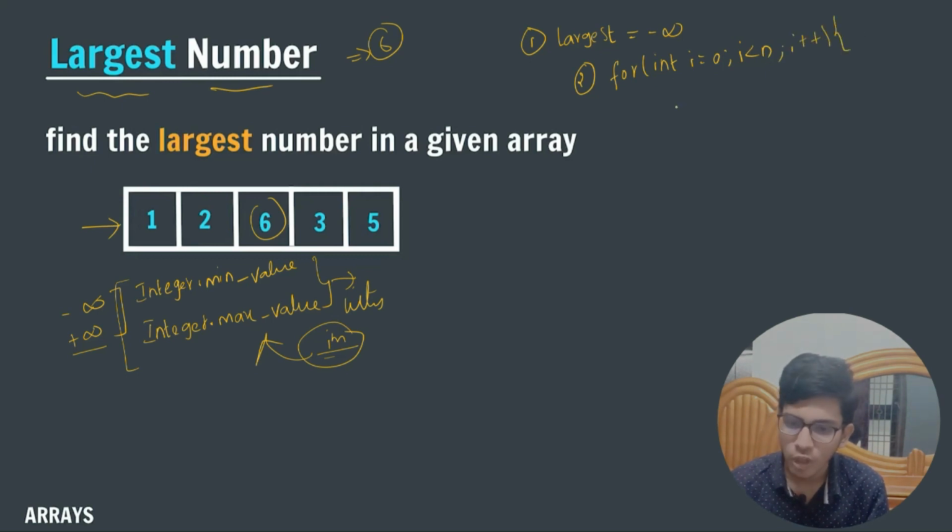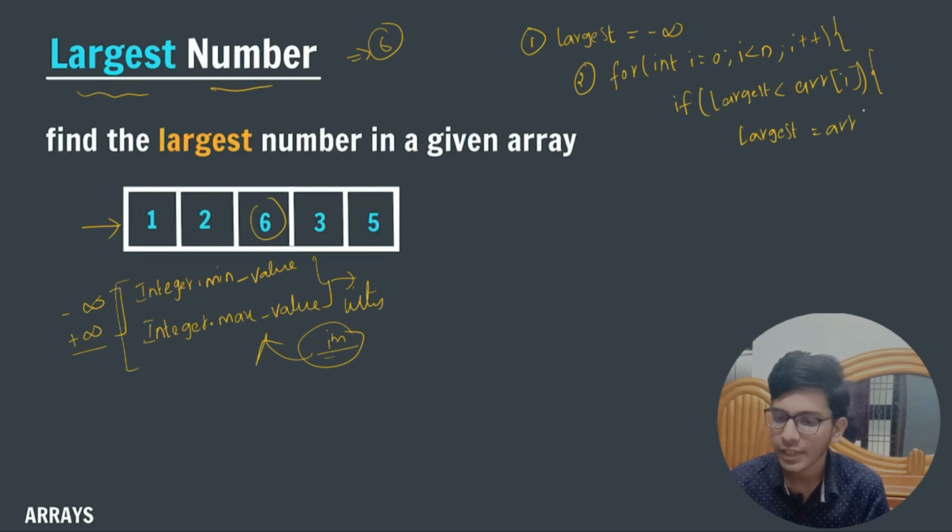In this we compare: if largest is less than arr[i], let us consider the name of my array is arr, then assign the value of largest as the given element arr[i]. Simple. This is how we find the largest element present in our array, and finally print the value of largest.